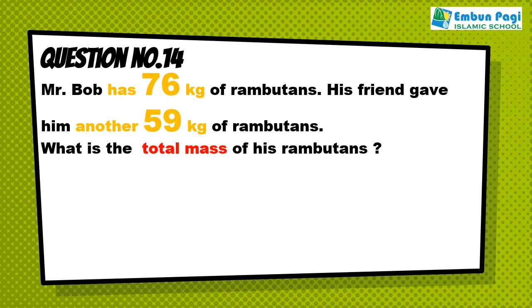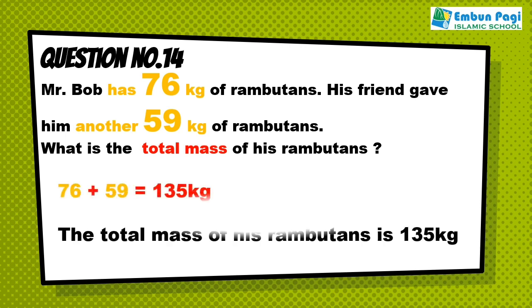Now how many kilograms of rambutans does he have? The answer is 76 plus 59 equals 135 kilograms. So Mr. Bob has 135 kilograms of rambutans.